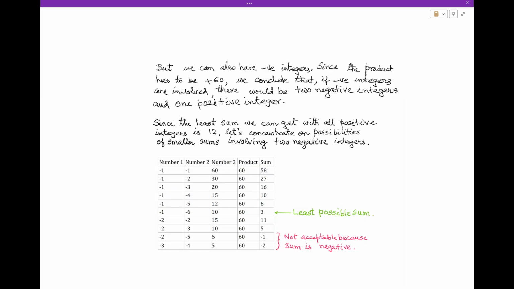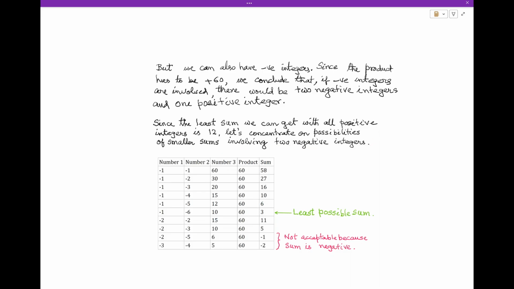Since the least sum we could get with all positive integers is 12, let us concentrate on possibilities of smaller sums involving two negative integers.